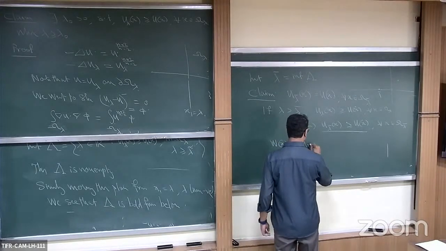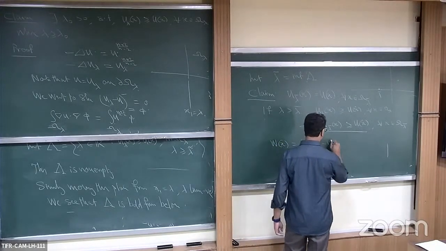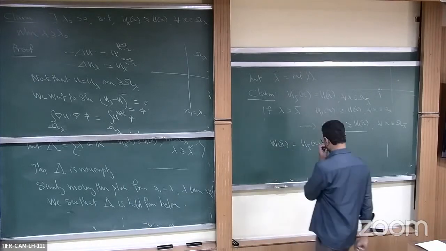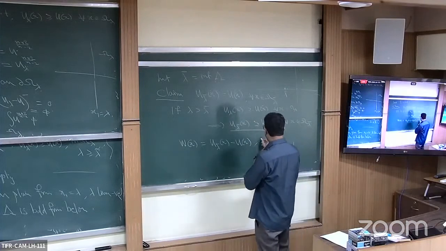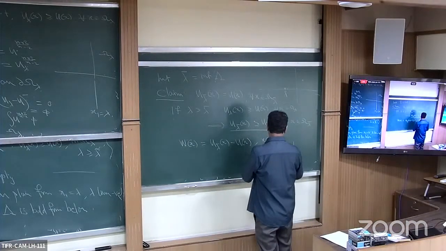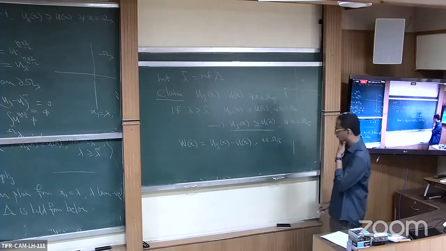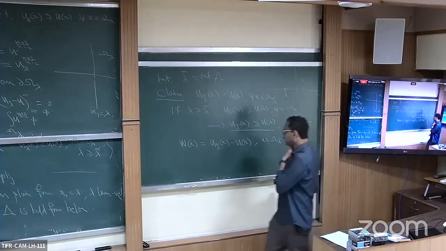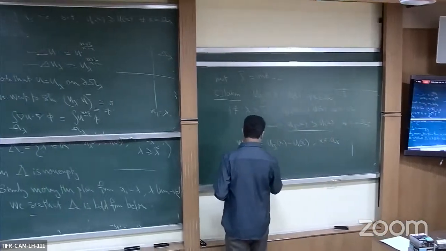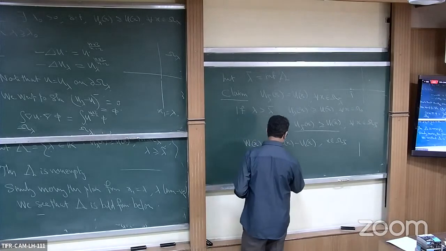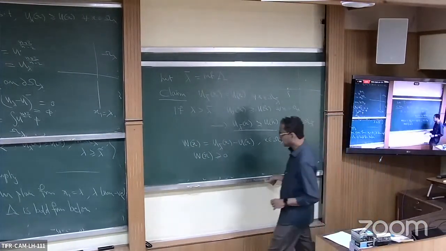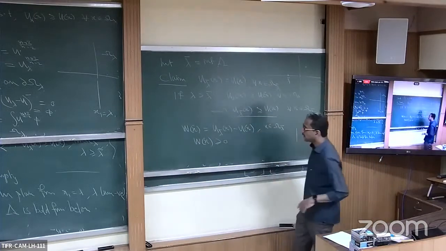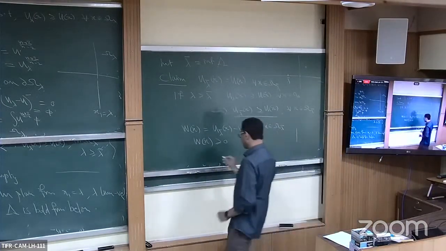U lambda bar minus. Okay. Then what do you have? Then for x in omega, right? And then we know that w of x is going to be greater than or equal to 0, right? And then what is the equation w is going to satisfy?